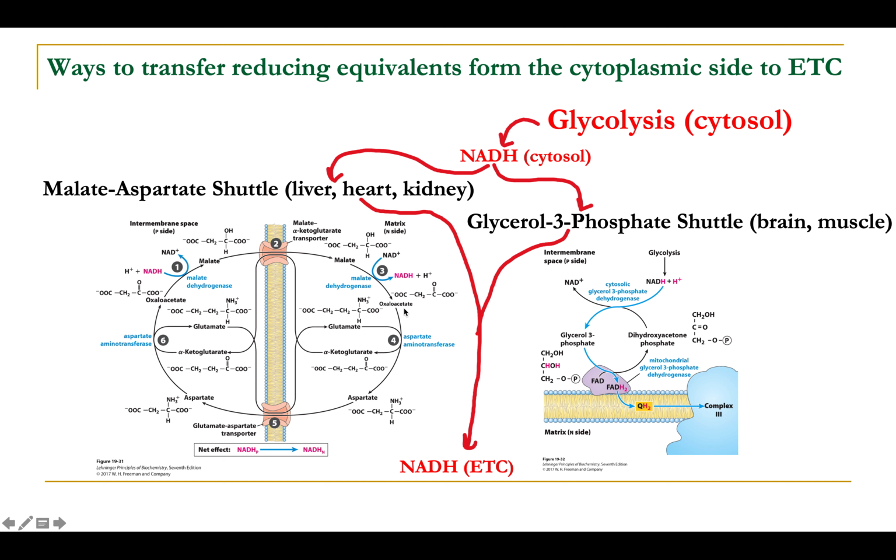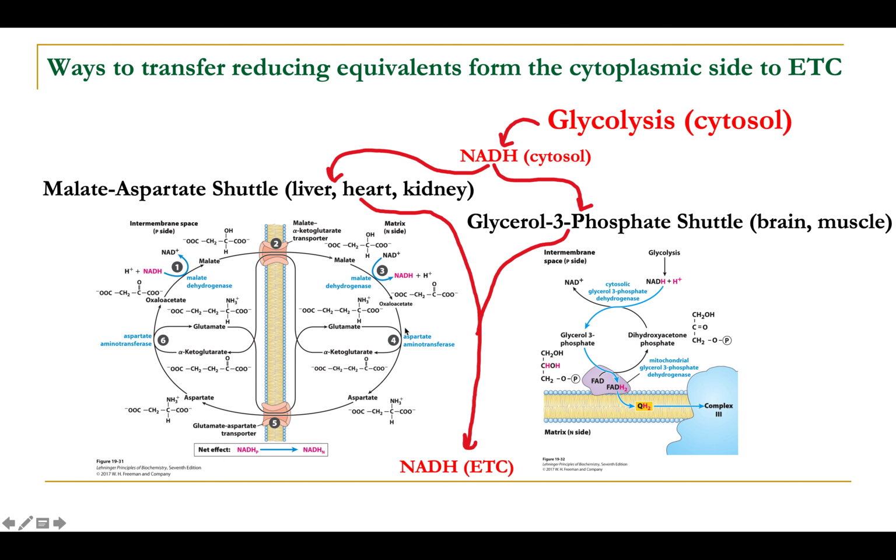So to balance this cycle, the cell must somehow have a way to evacuate oxaloacetate from the mitochondrial matrix and pump it back into the cytosol to run this transfer of reducing equivalents over and over.